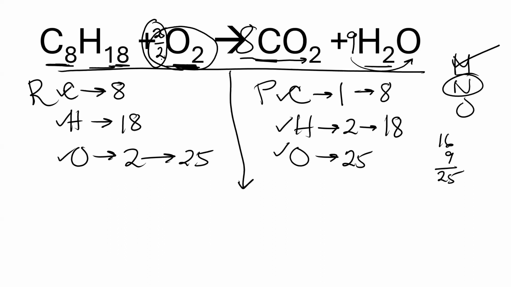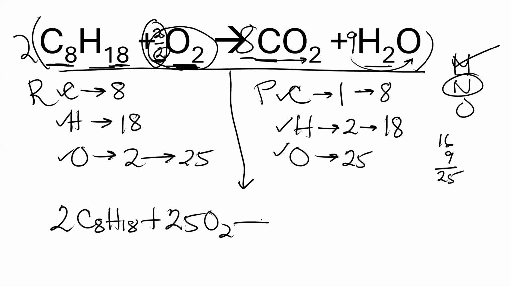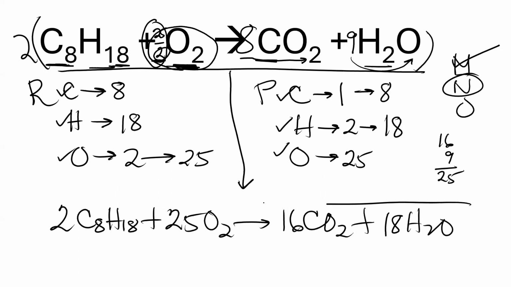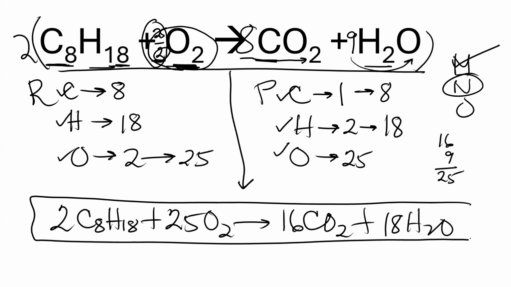That's why to remove the denominator for this particular coefficient, the 2 here, we can multiply everything by 2, making the final chemical equation become 2C8H18 plus 25O2 forming 16CO2 plus 18H2O. So that becomes our balanced chemical equation.